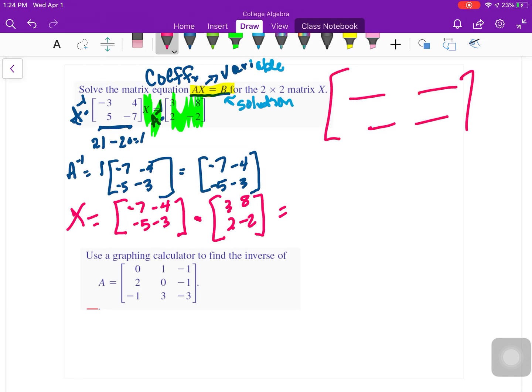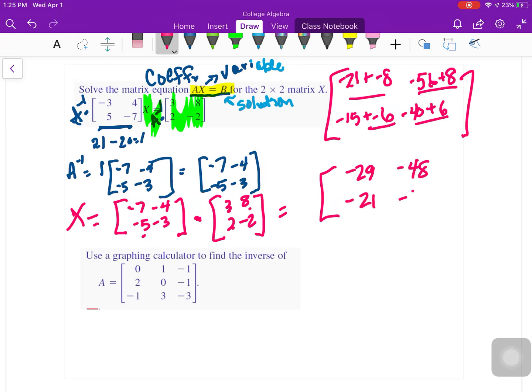So that gives me -7 times 3, -21, plus -8, -56, plus -4 times -2, 8, -5 times 3 is -15, plus -6, -5 times 8 is -40, plus -3 times -2, 6, which gives me the result, -29, negative 48, negative 21, negative 34. And that is exactly how I want you to show your work.